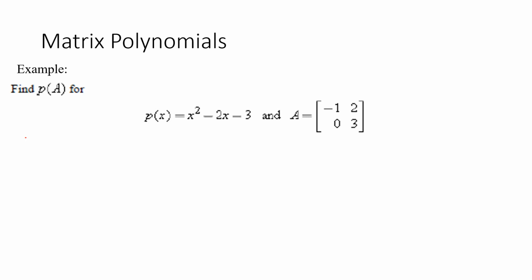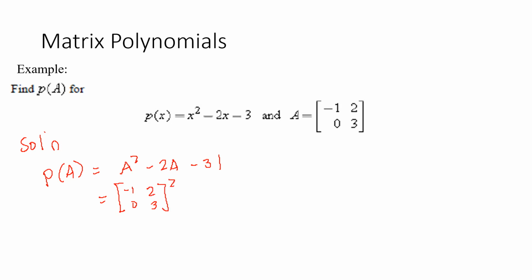For our solution, the polynomial of A is equal to A squared minus 2A minus 3I, which is equal to the matrix negative 1, 0, 2, 3 squared minus 2 times the matrix negative 1, 0, 2, 3 minus 3 times the identity matrix 1, 0, 0, 1.